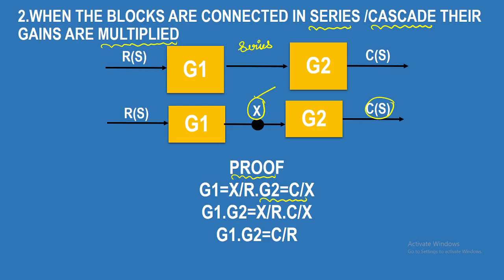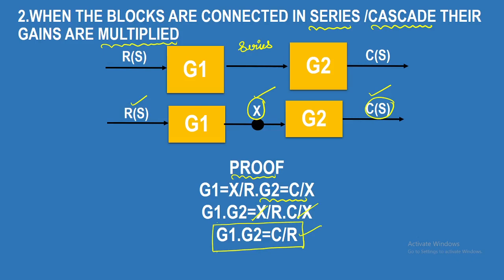To get the overall transfer function, output divided by input, we multiply: G1 into G2 is equal to x by R into C by x. Here x gets cancelled, and finally G1 into G2 is equal to C by R, which is the final transfer function of the system.